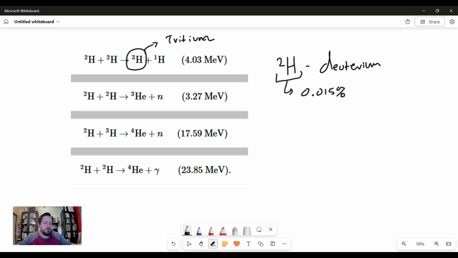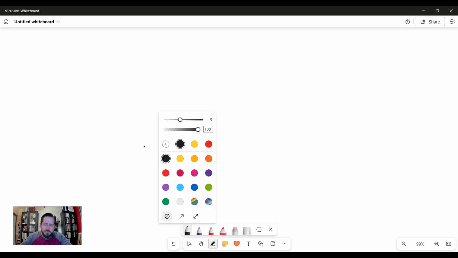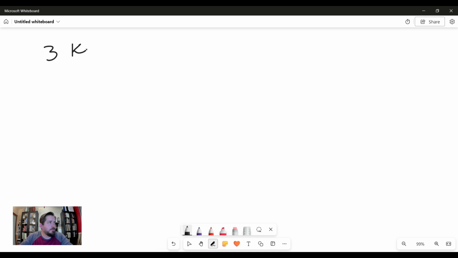There's kind of three things that we'd have to figure out to make a controlled fusion plant on Earth. The three keys to controlled fusion are the temperature, the density of the fusible material, and time.